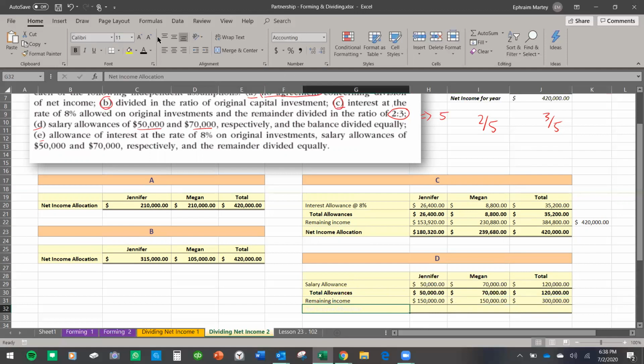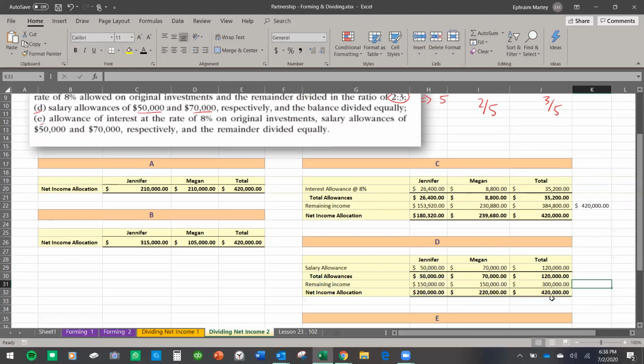Okay, now what is the total allocation for each of them? Each of these individuals, Jennifer and Megan. So we add these two together, this plus that, and then we just drag it all the way, and then you can tell we have the 420,000 here as the total net income.